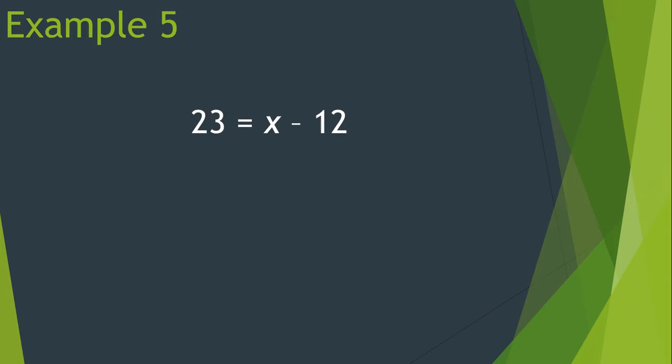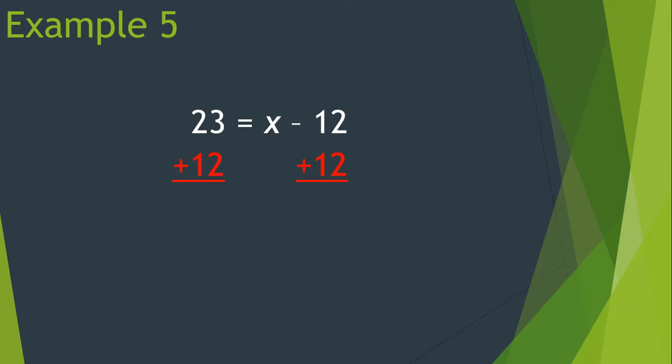Example 5. It looks a little flip-flopped, but nothing changes. Where's our x? This time the x is on the right-hand side of the equation. What's happening with the x? We're subtracting 12 from it. So in order to solve this equation, we need to add 12.